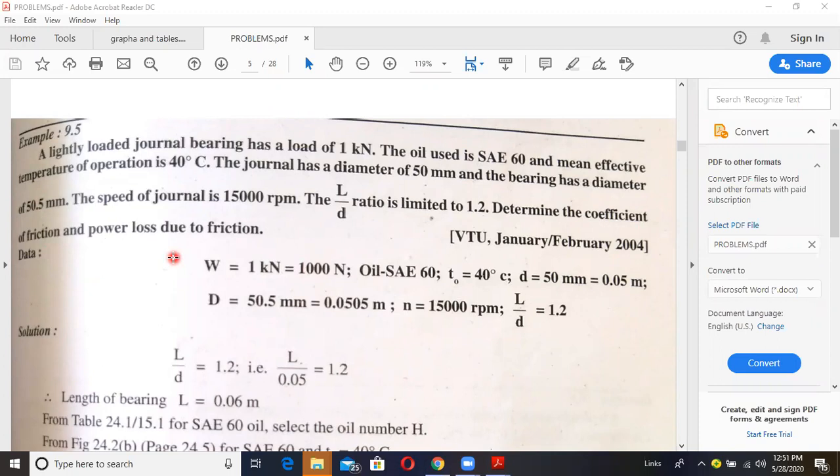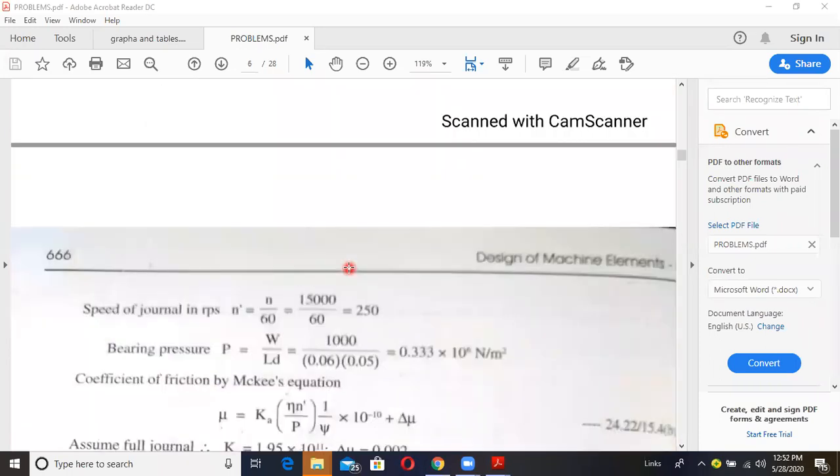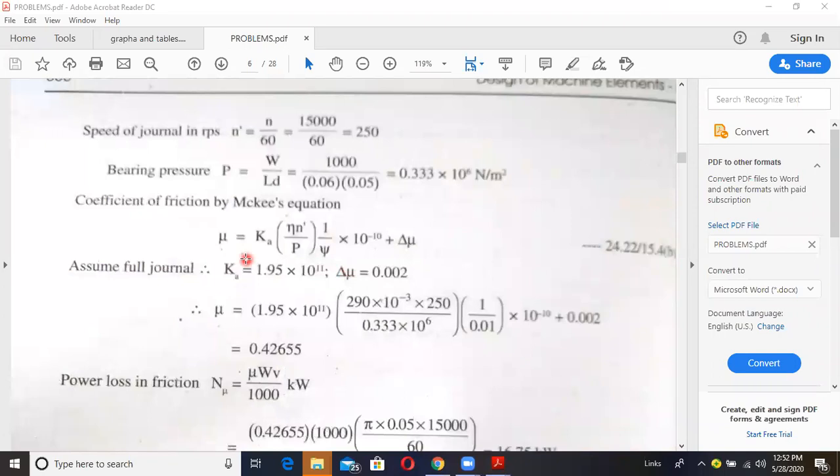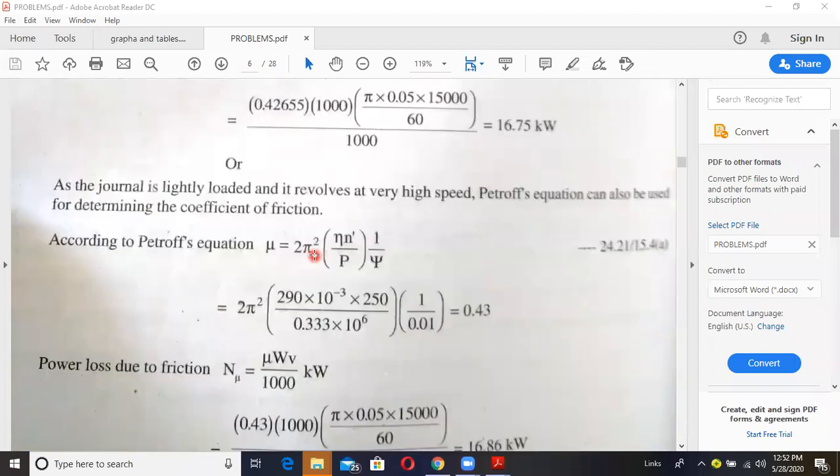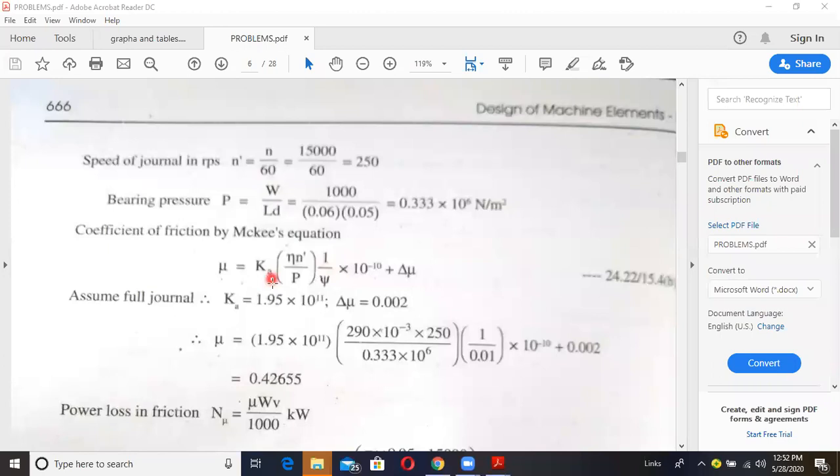And here they have not told which equation to use to calculate mu. So always we will go for Petrov's equation. Since they have not given which type, we can use Petrov's or we can use McKee's equation.